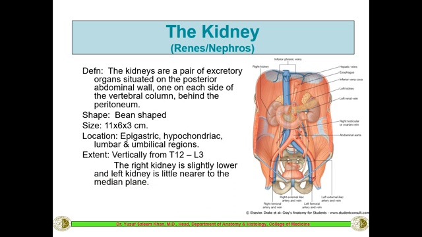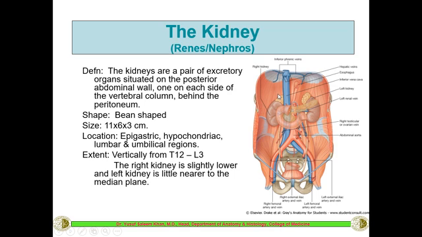And if you compare the right kidney with the left kidney, the right kidney will be slightly lower. Why? Because the right hypochondrium is occupied mainly by the liver, a large organ sitting here.